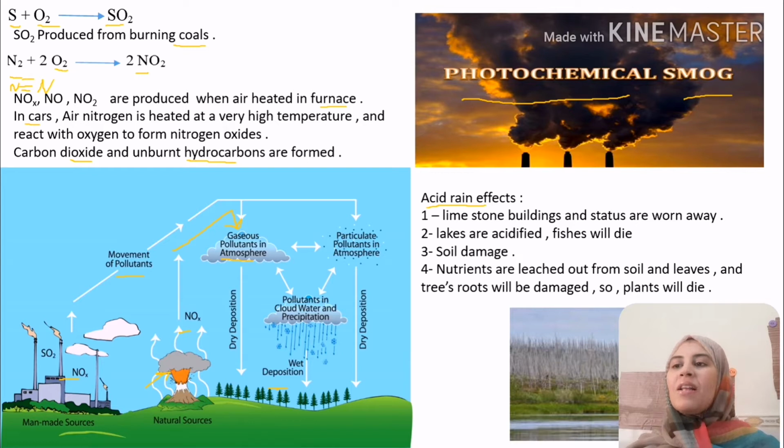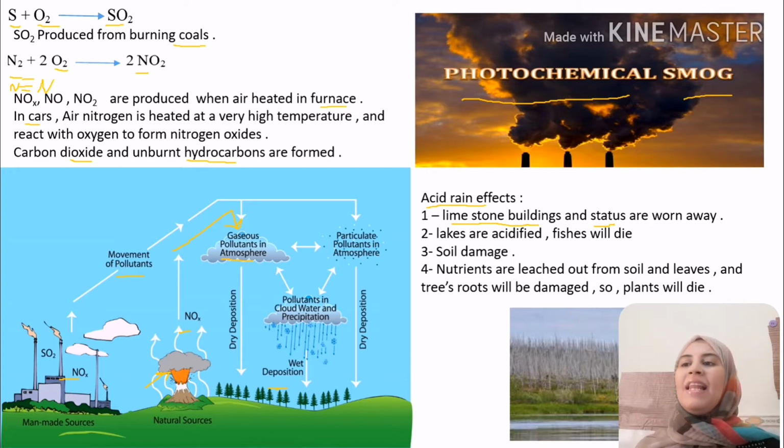At first, limestone buildings, like the Taj Mahal. The Taj Mahal is one of the buildings made of limestone, so limestone buildings and statues are burned away. These types of buildings and statues are damaged by acidic rain.